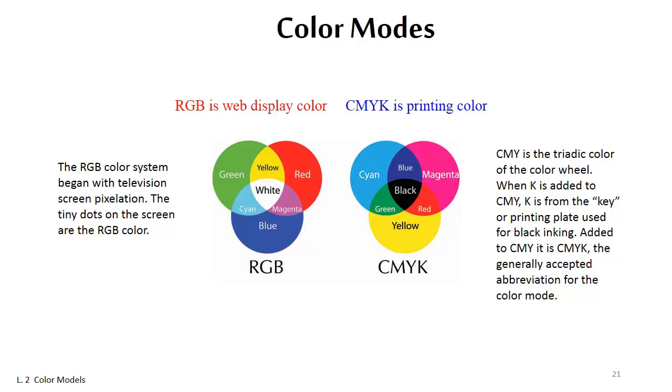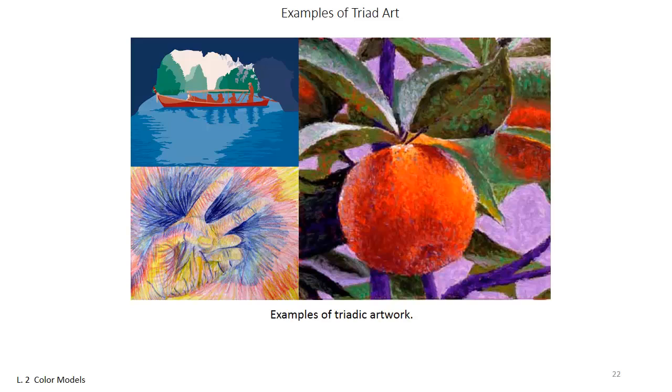The reason that black is referred to as key is because it is the color used in the key plate, which supplies the contrast and detail for the final image. In CMYK, the key color is always black. With other printing methods, such as two-tone printing, the key tone could be another color.